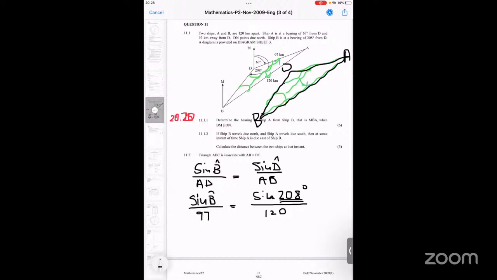So is it from there to there? Yes, sir. Because from what I'm seeing, Ma'alis, there is that line, and then 208 starts from that line and goes up until there. Oh, is that 208? Oh, so then you should take 208 minus 67. But already you got it. Yes, sir.